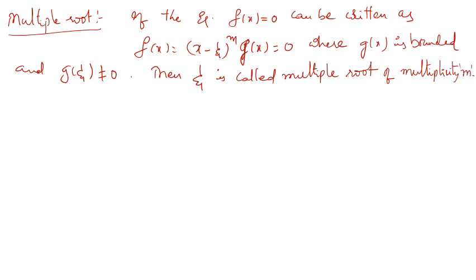That means m is the repetition number. What is multiplicity called? M is called a repetition number.